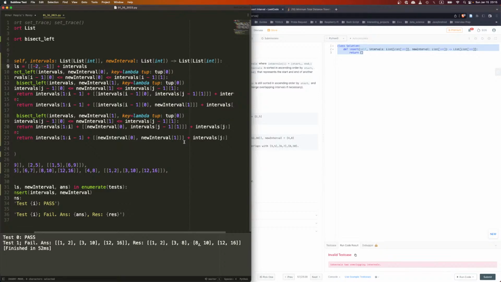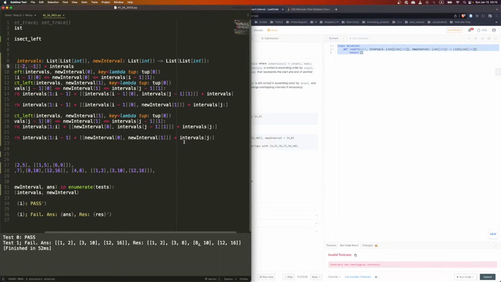If it's smaller or equal to the previous one, then in this case, we'll always use j minus 1, because the n is in between. And we'll plus interval j.